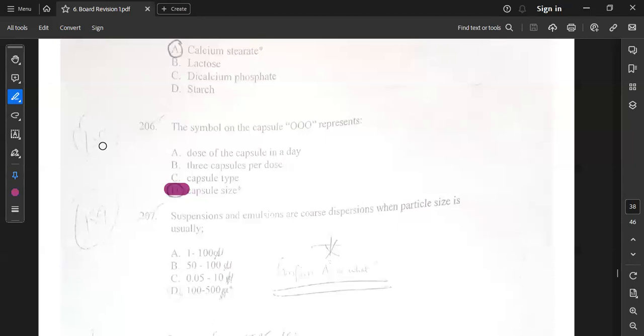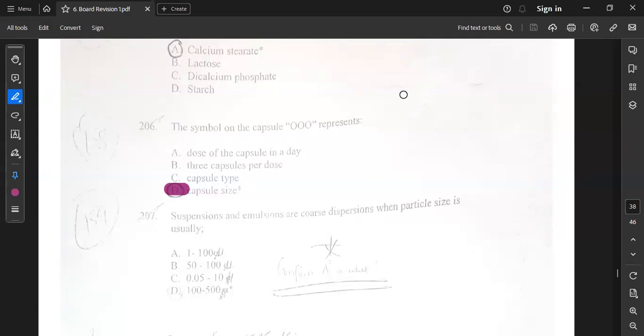Is colloidal and fine the same? No, those are different things, I think. What is the difference between colloidal and fine? Just a minute. I'm seeing that for colloidal, the size is less than 2.5.